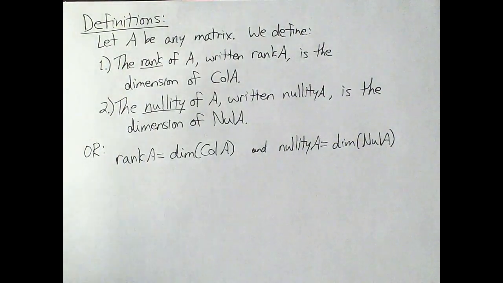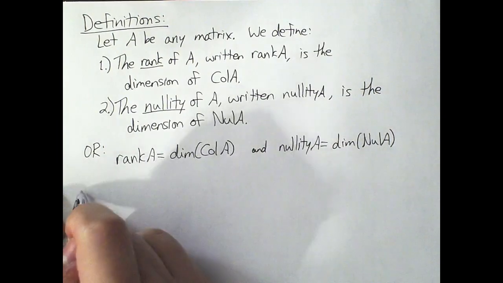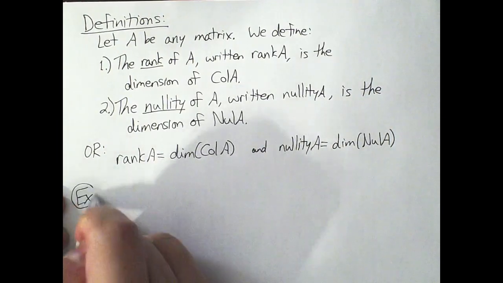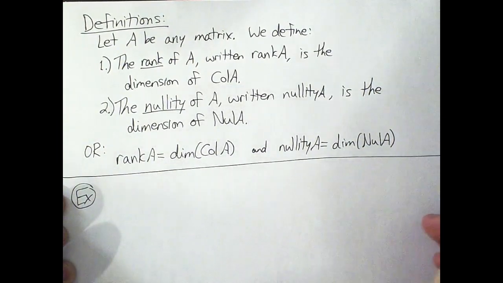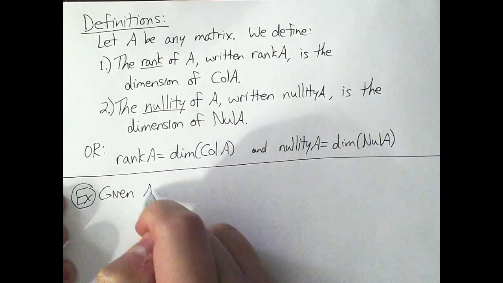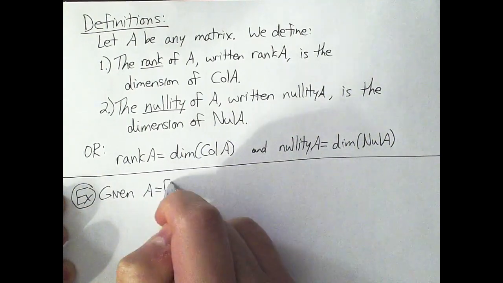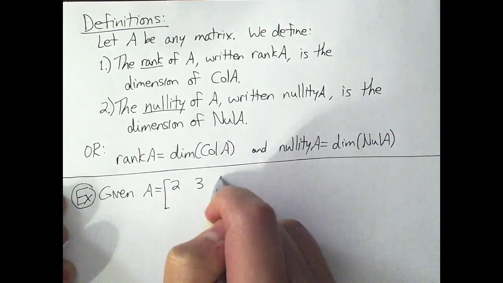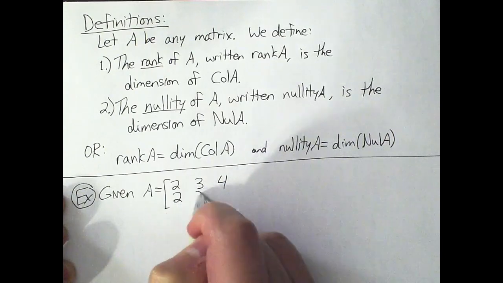Let's do an example. I'm going to write a problem, and I'm going to ask you to try it. There's going to be 3 parts to it, so wait till I write the whole thing. First of all, I'm going to give you a matrix: 2, 3, 4, 2, 3, 5.